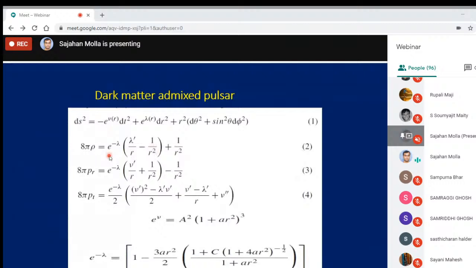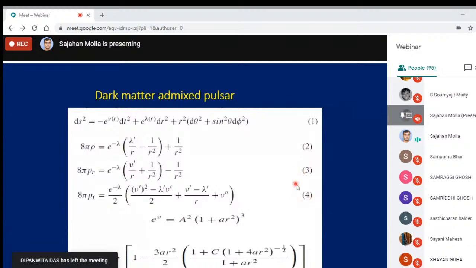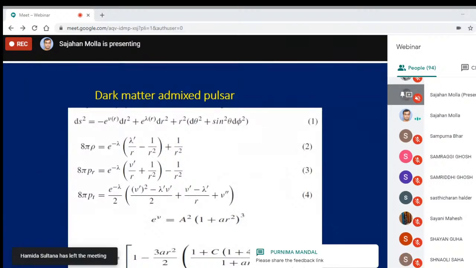Here, equations 3 and 4 arise because we have taken an anisotropic model. For solving Einstein field equations 2, 3, and 4, we have taken the Hinzman metric, and the Hinzman coefficients are taken as e to the power nu, this function, and e to the power minus lambda, this function.